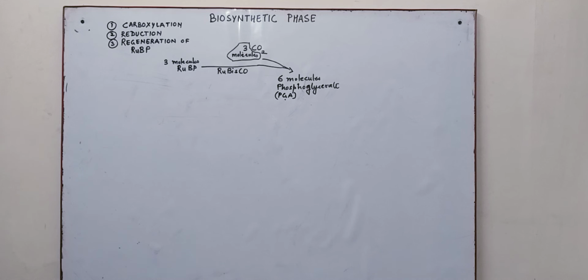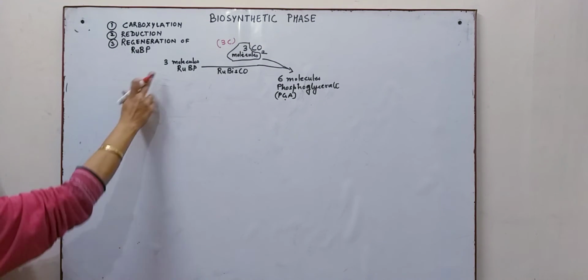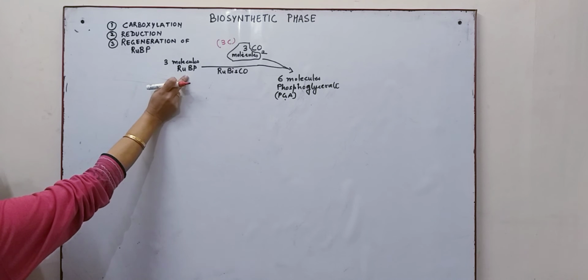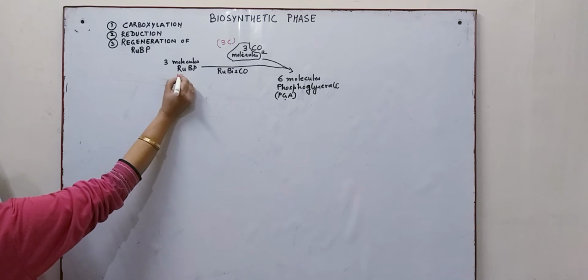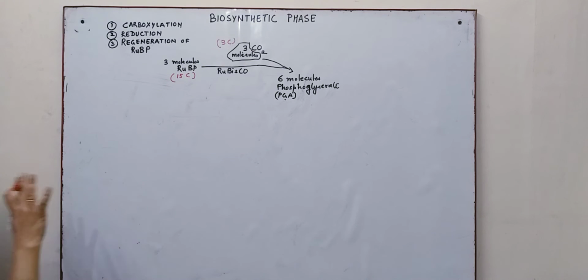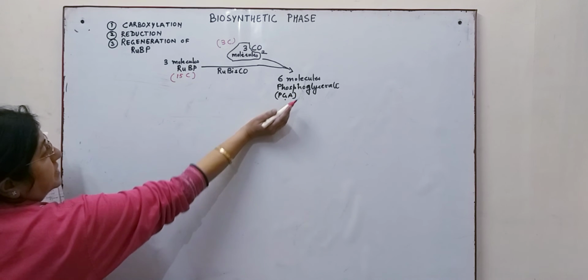While moving through the cycle, we'd like to keep track of the carbon atoms also to make you understand better. Over here we have used 3 carbon dioxide molecules, so that means there are 3 carbon over here. Now the 3 molecules of RUBP, and remember it is a 5 carbon compound, so 3 into 5, we have 15 carbon combining with 3 carbon, that is the carbon dioxide, and here 6 molecules of phosphoglycerate are formed.